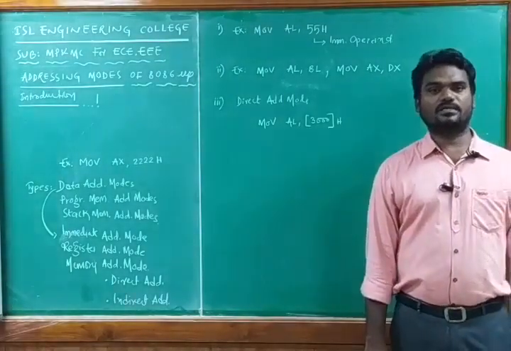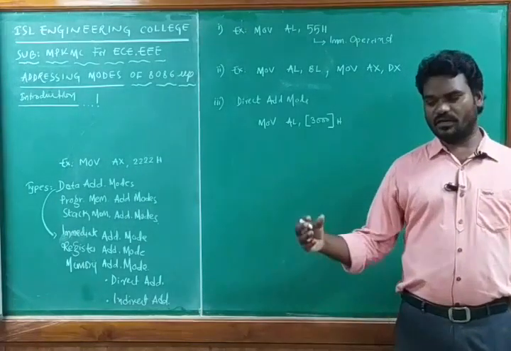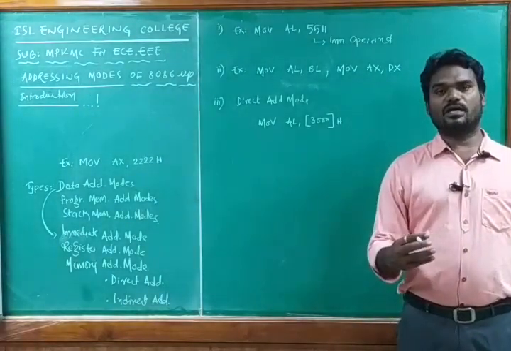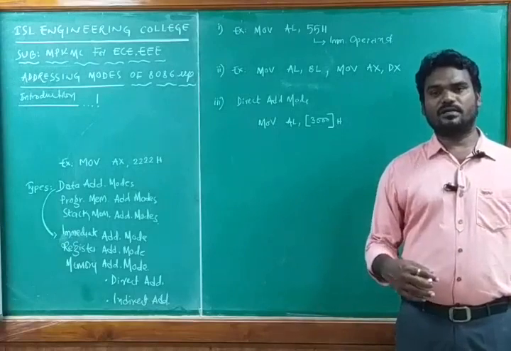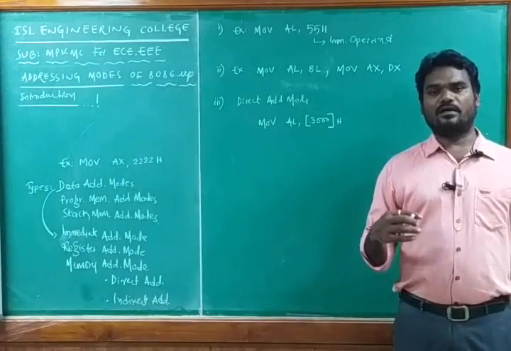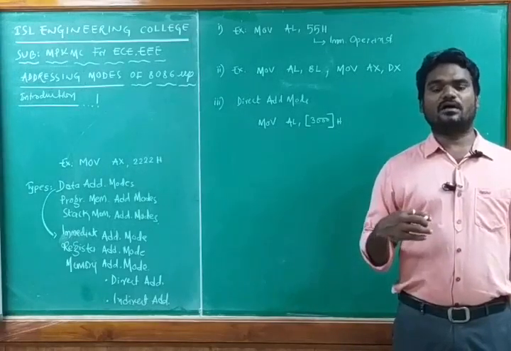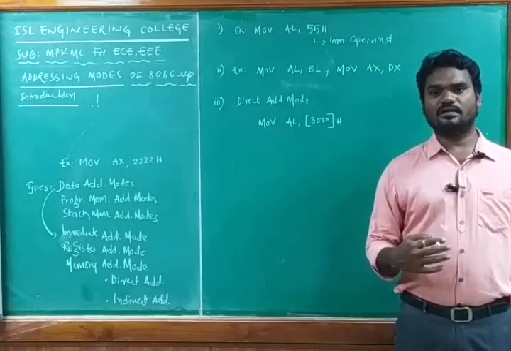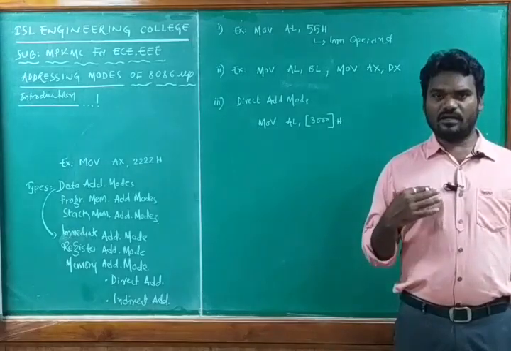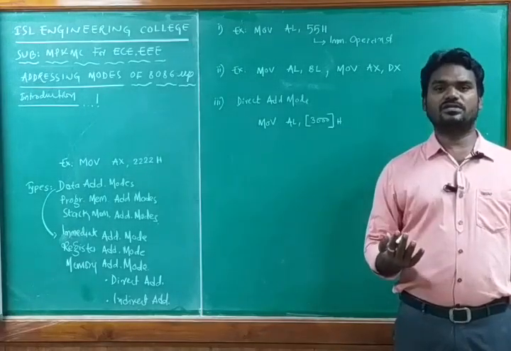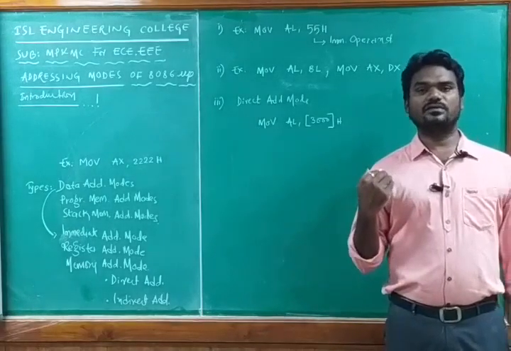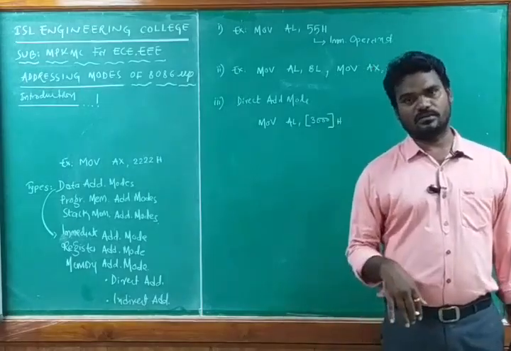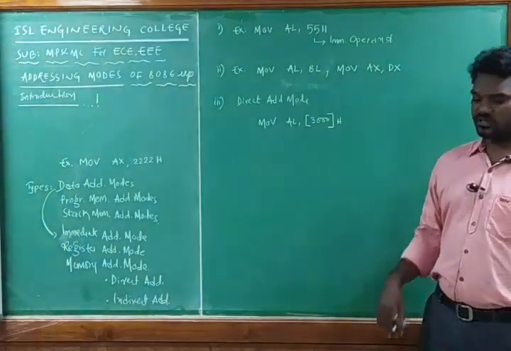Data is nothing but an input we are giving to the processor, and some instructions are going to operate on that particular data, and after executing those instructions on the data, it is going to give some specific output. That is the function of the microprocessor.